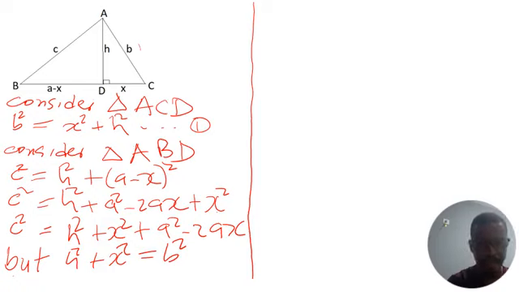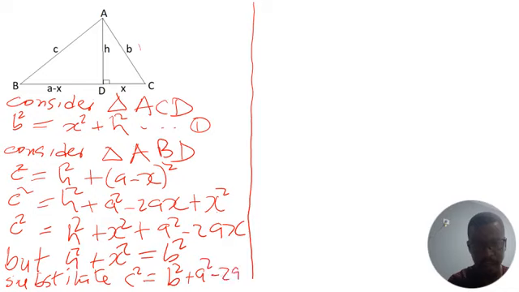So if we substitute, you will find that C squared will be equal to, where there is H and X, we are going to put B squared, plus A squared minus 2AX. Okay, so we have that now.